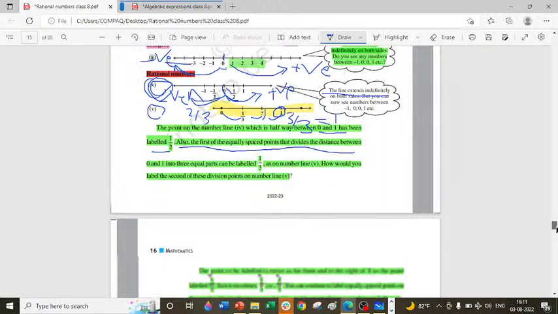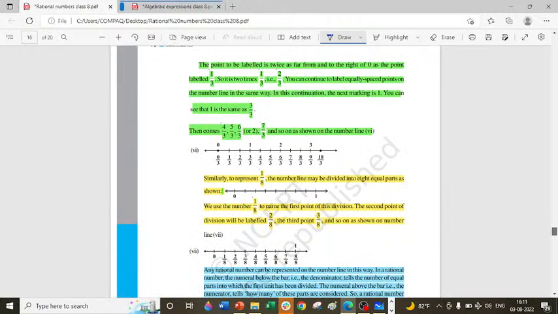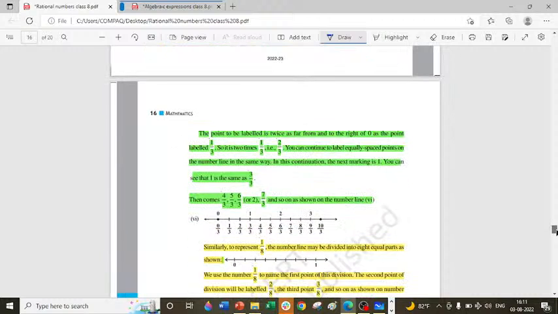So I hope you are clear with this now. Okay, and now let's move to the next one. So see, as I told you, 1/3, and then we will get 2/3, and then we will get 3/3, and then we will get 4/3, 5/3, 6/3, 7/3, 8/3, 9/3, and 10/3.